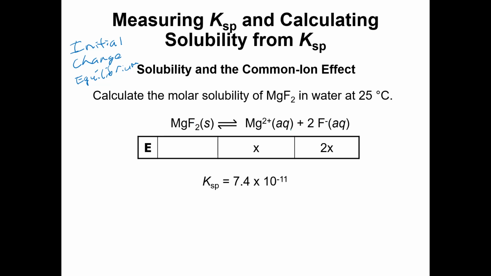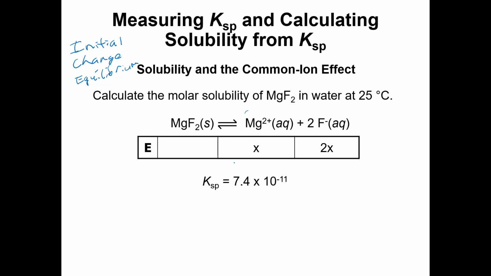So you could write that part of the table if you want to, but we know at equilibrium, we're going to have formed some concentration of magnesium, and since we get 2 fluoride ions for every magnesium ion, the concentration of fluoride is going to be 2 times that of magnesium.